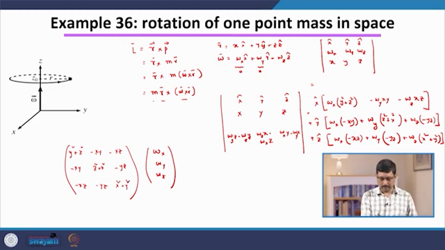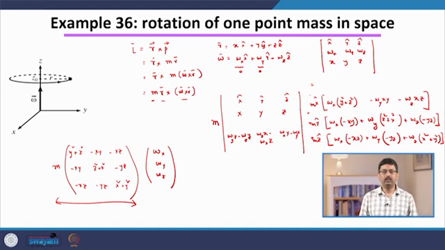Now there is an m sitting over here, so the whole thing has to be multiplied by m. There will be an m in each of these terms. So, I am going to include this m, the m will be part of this matrix.